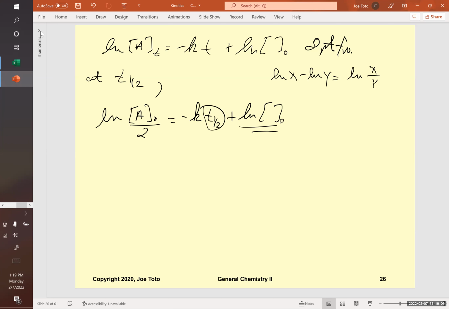You can put in values for x and y on the left and the same values on the right and make sure that equation works. But anyway, when I subtract this, it goes to the denominator. So I get ln A0 over 2 divided by A0. So these cancel.